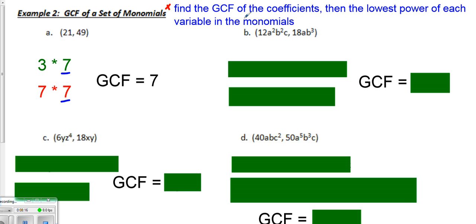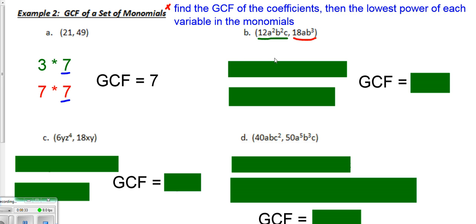In our next example, I should do this one in green. Our first monomial is 12a squared b squared c. Our second monomial is 18a b cubed.